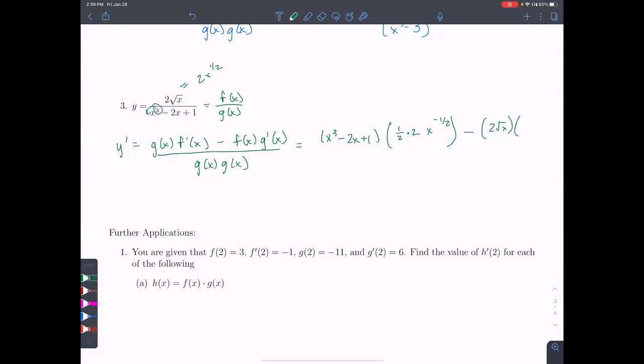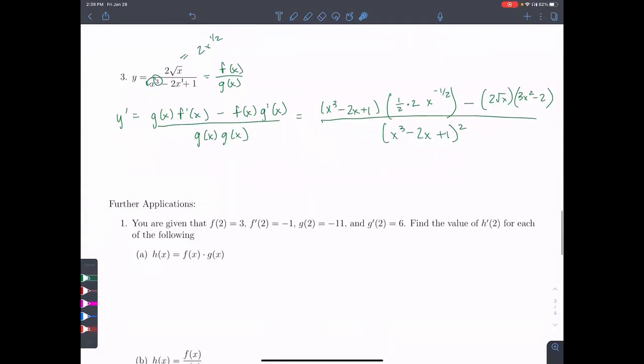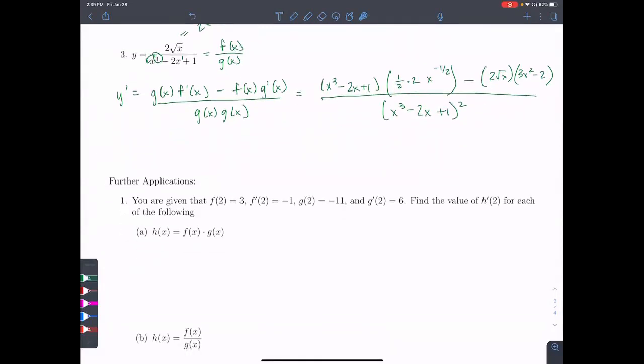So this 3 is going to go down front, that becomes 3x squared. This 1 goes down front, so it's just minus 2, and then the derivative of 1 is 0. And then over the denominator squared. So x cubed minus 2x plus 1 squared. And I believe that that would be simplified enough for class. You might have to make 1/2 times 2 equal 1, but I don't think so.